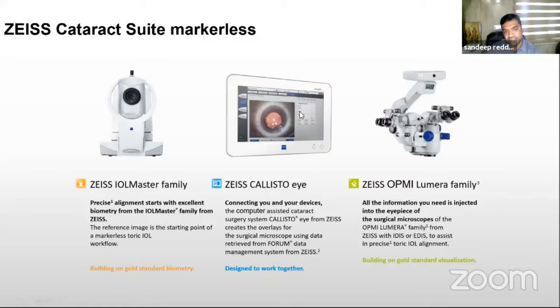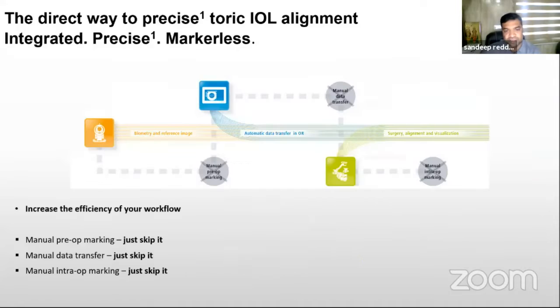Whatever image is transferred onto the Callisto system is then transferred onto your microscope using the AD system, and it can give you a precise image of the cylindrical marking that can be done.